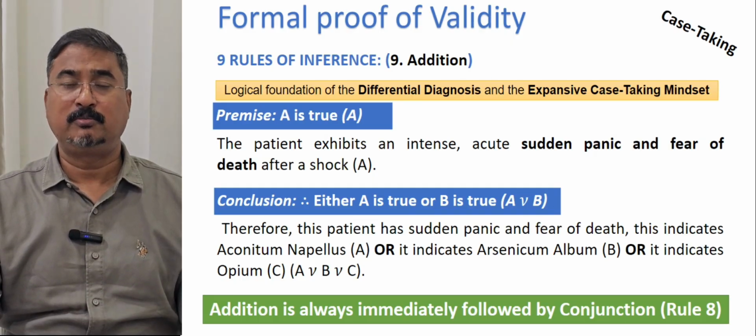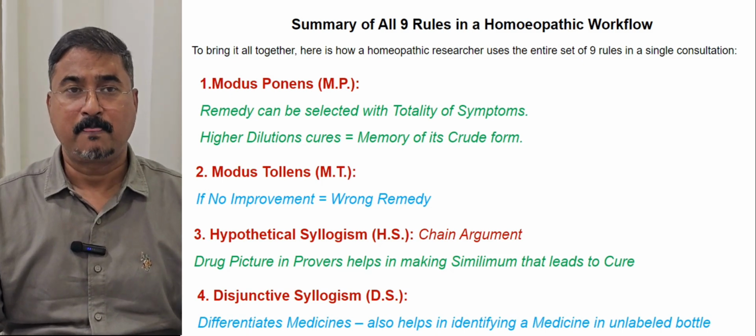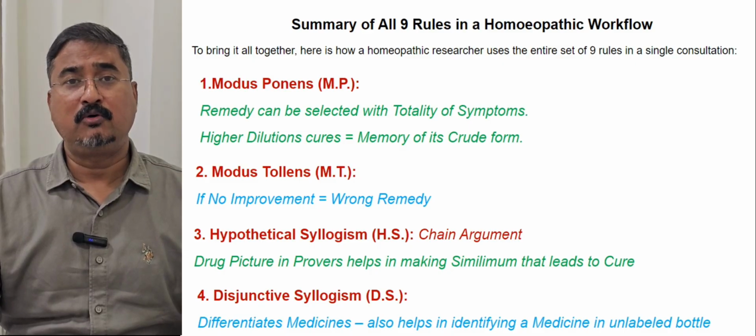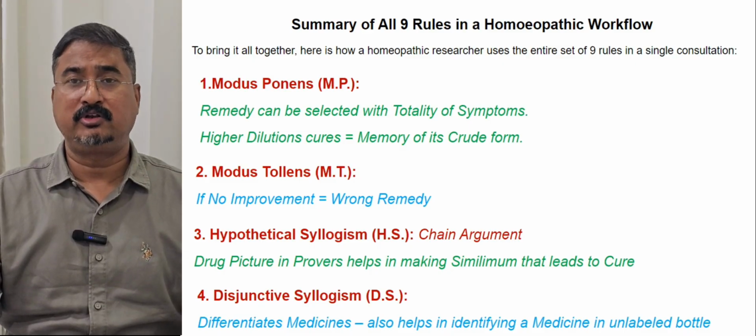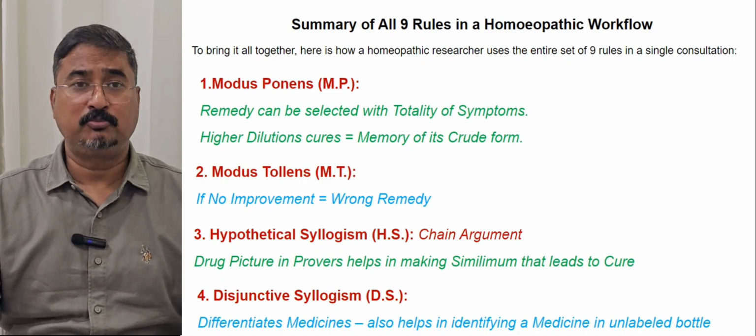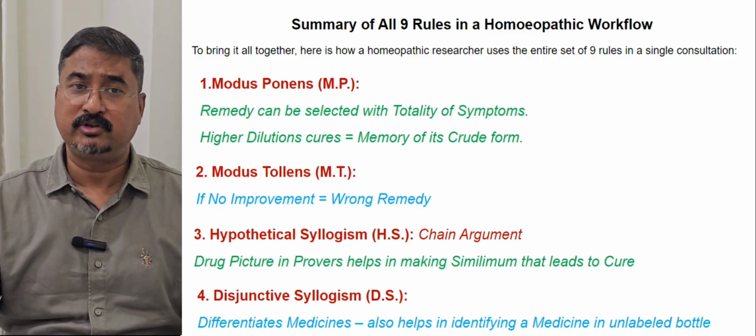So, now a summary of all 9 rules in a homeopathic workflow. To bring it all together, here is how a homeopathic researcher uses the entire set of 9 rules in a single consultation. First, modus ponens tells us: if a patient has this totality, then they need this remedy. The patient has this totality, therefore they need this remedy.